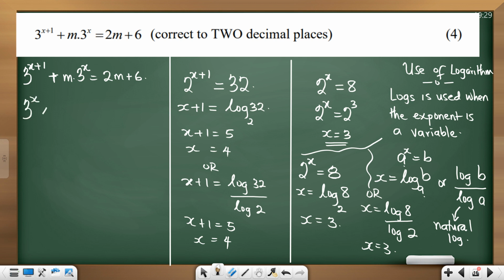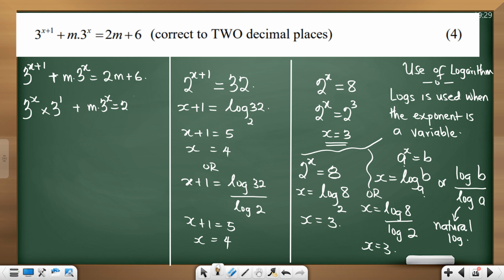This means 3 to the power x times 3 to the power 1. That's what it means. Remember, if we are multiplying with the same base, what do you do? You add the exponents. Now we are reversing it. They've added the exponents. We change it into multiplication. Plus m to the power 3x.